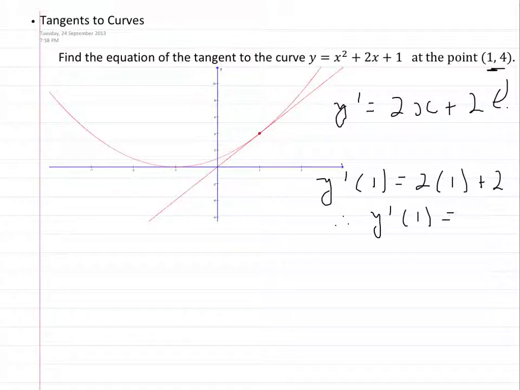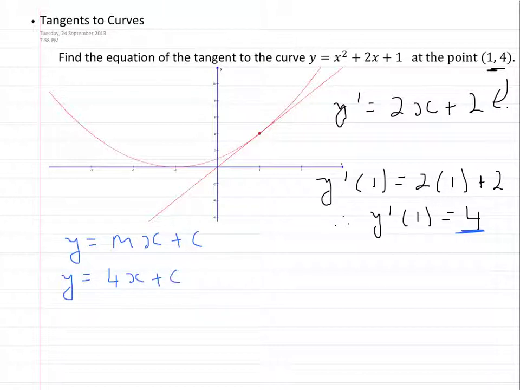Now an equation of a tangent is going to be of the form y equals mx plus c. I've already found m, it is equal to 4. So far the equation of my tangent is y equals 4x plus c. My only job now is to find the value of c.